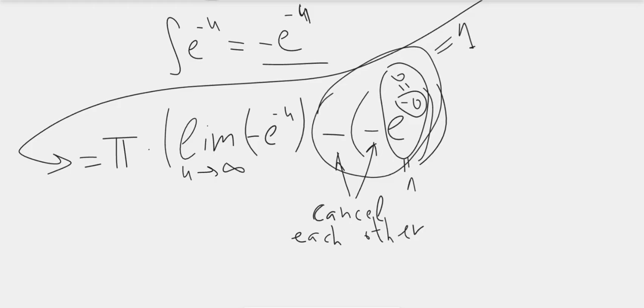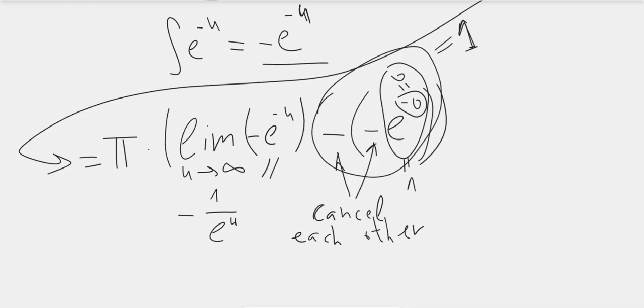All right, so now it remains to find the limit. Minus e to the power minus u is equal to minus 1 over e to the power u, right?